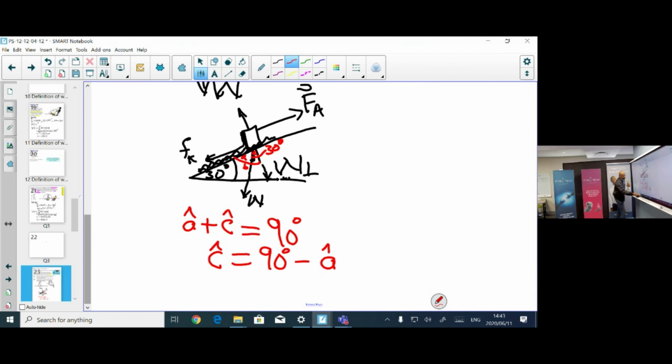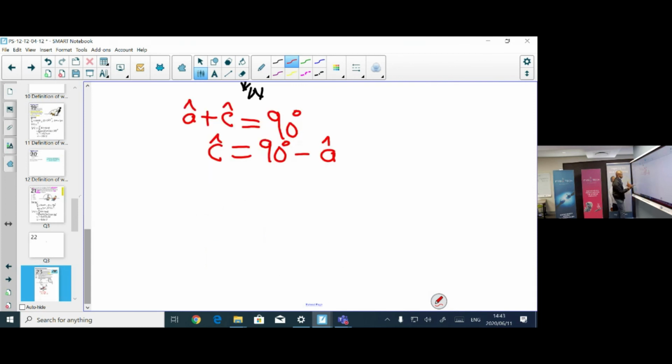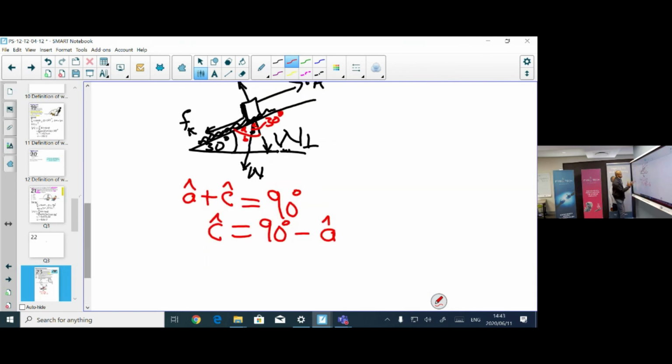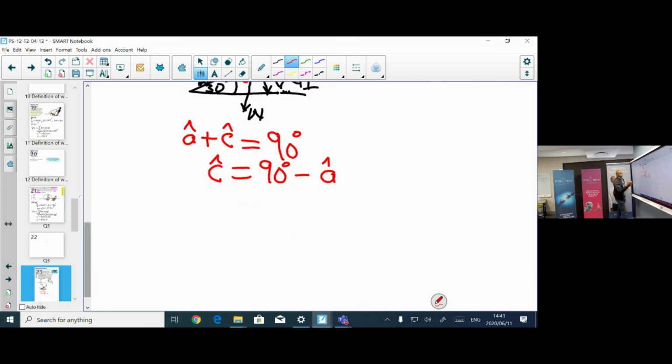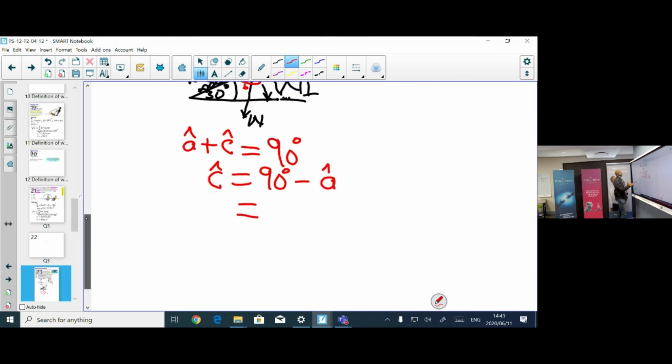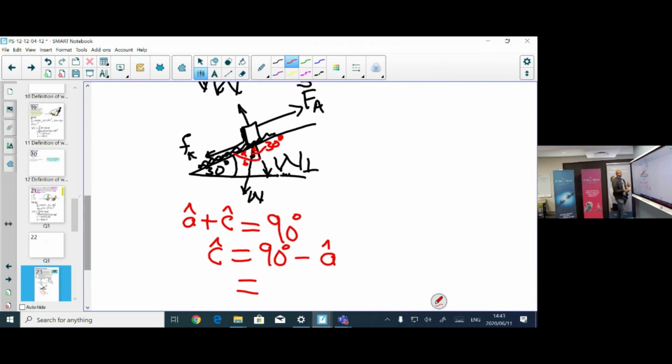For angle A there, we know that, let me extend that. Angle A is equal to what? If we have 30 there, we have 60 there, so that we can have 90 here. Is that clear? Okay, we have 60, we have 30.